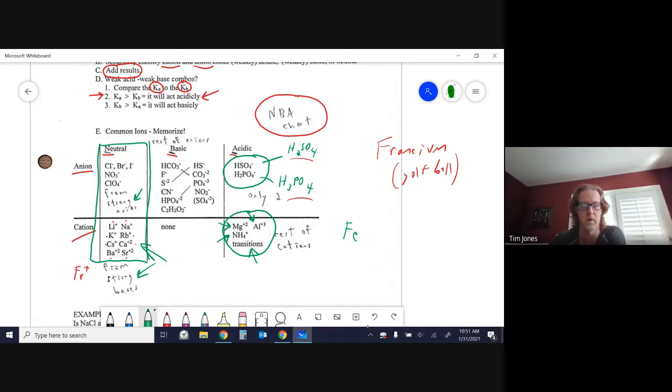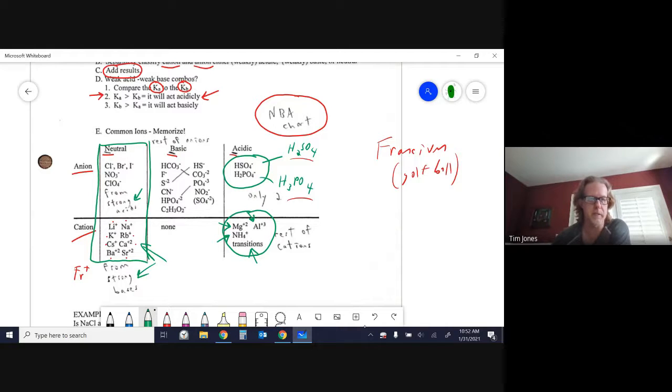So iron, tin, and all the different ions, by the way. For the most part, the transition cations by themselves will be acidic. And that's going back to that thing where they form the complex ion with water, and then it's one of the waters in the complex ion that loses a hydrogen. So you need to go back to the last lesson and review that.